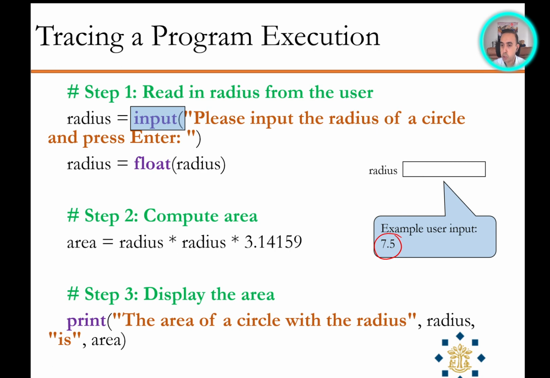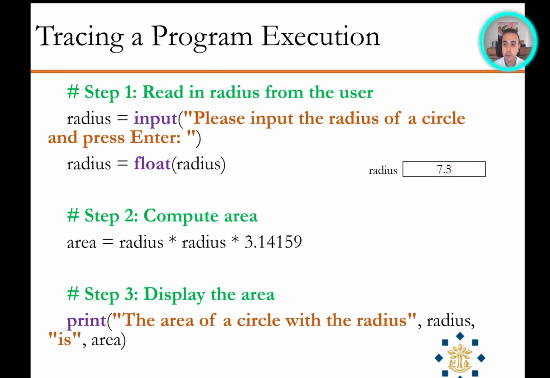Now we're just assuming an example. So let's say the user said 7.5. At that point, the 7.5 becomes the value of the radius, okay? So it assigns 7.5 as the value of the radius. It used to be blank, now it's 7.5.